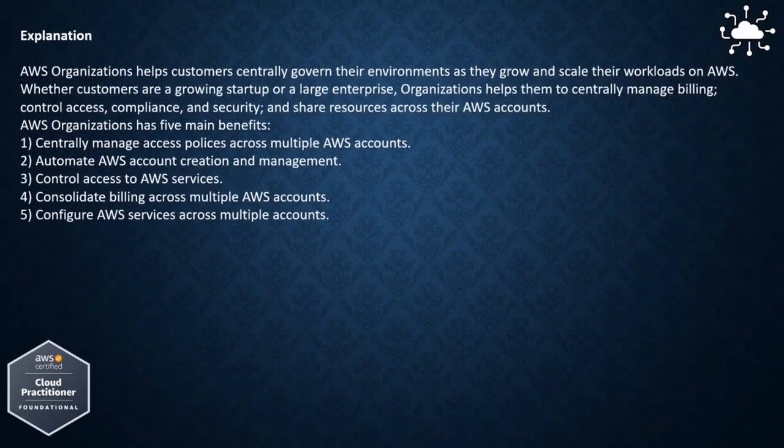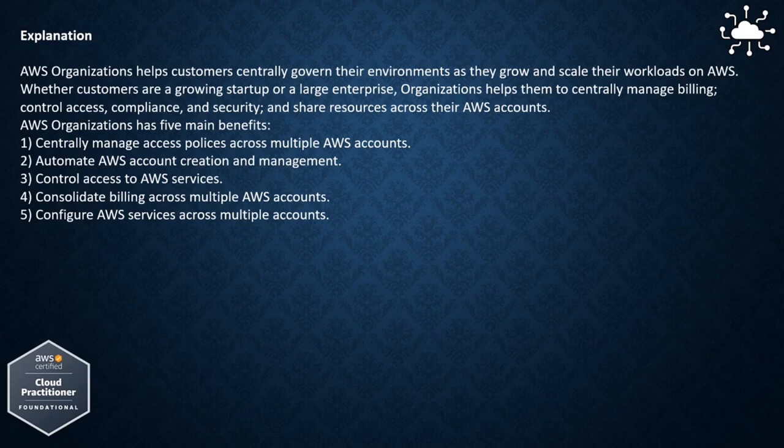Explanation. AWS Organizations helps customers centrally govern their environments as they grow and scale their workloads on AWS. Whether customers are a growing startup or large enterprise, Organizations helps them to centrally manage billing, control access, compliance, and security, and share resources across their AWS accounts.